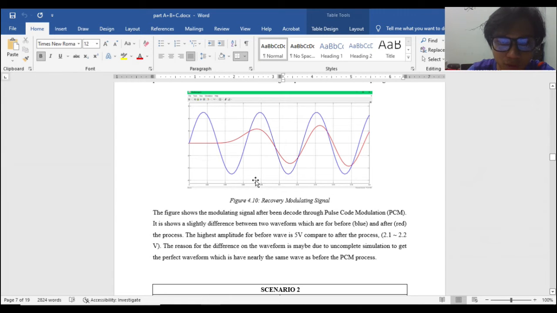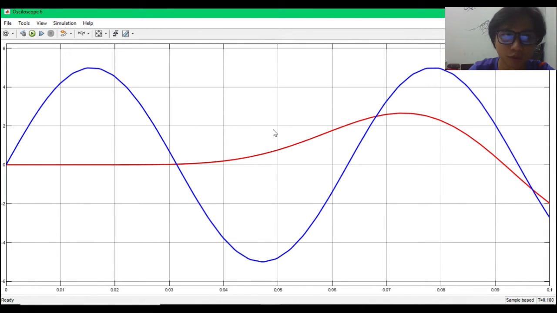The reason for the difference is due to incomplete simulation to get the perfect waveform, which is nearly the same as before the PCM process. So that's all for the simulation and for part A.